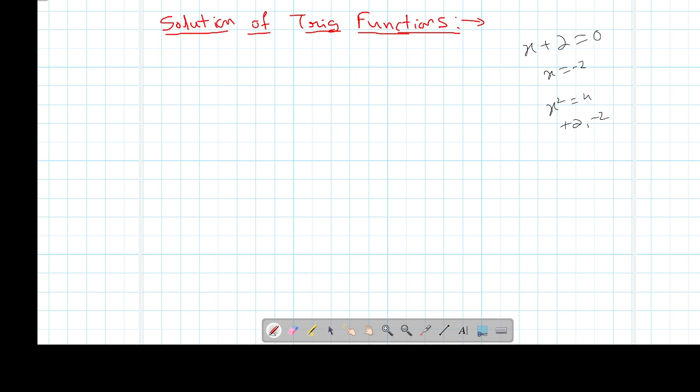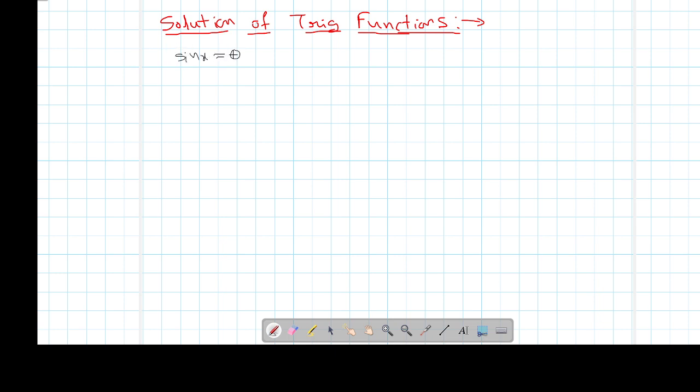In the same way, in trigonometry, you have functions like sin x, cos x, tan x, and the remaining functions. For those, you have to calculate the solution of the particular trigonometric function. Let's consider the first one, sin x. Let me take sin x equal to 0.